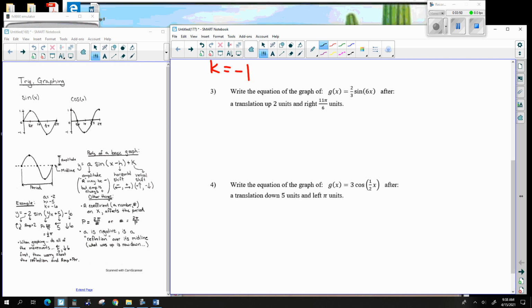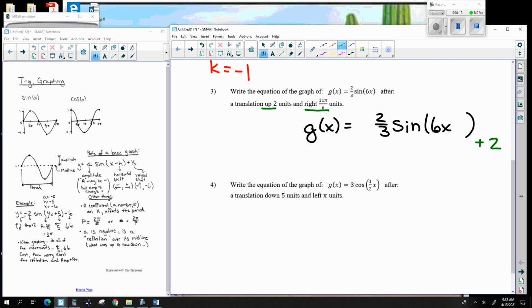Okay, here they give us a graph already. So they said it's 2/3 sine 6x. Okay, and they want to move it up 2. So that's going to be a +2 on the outside. And the right, 11 pi over 6. So that's in with the x, and it's going to be a liar.